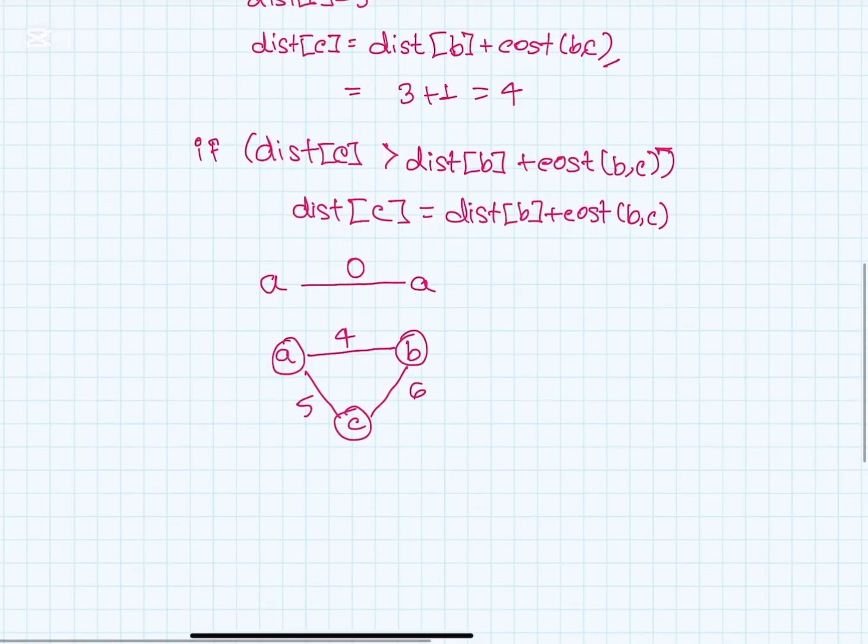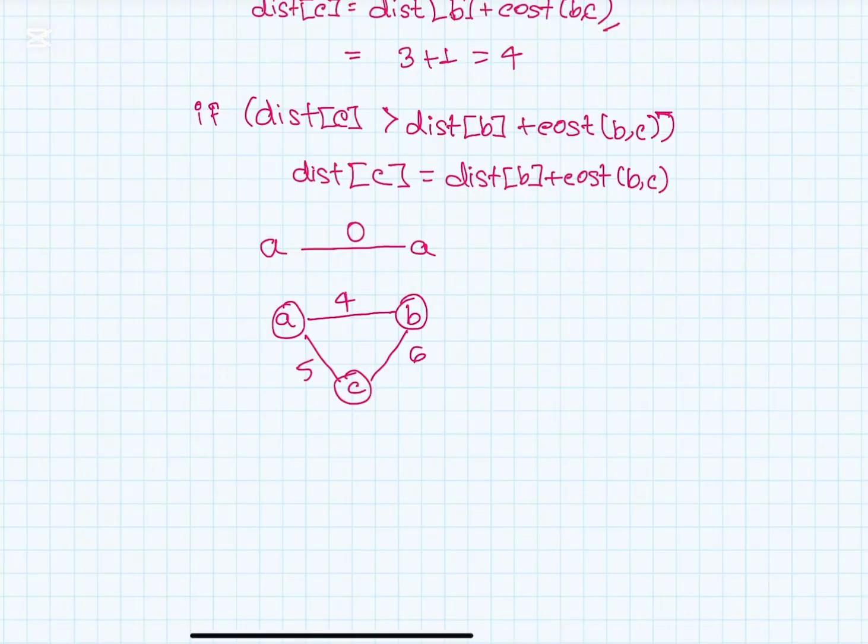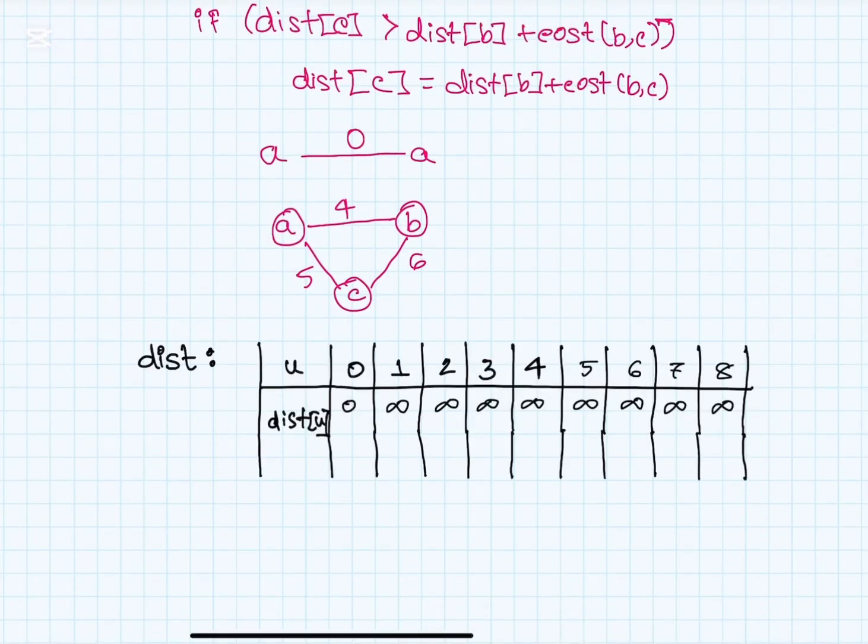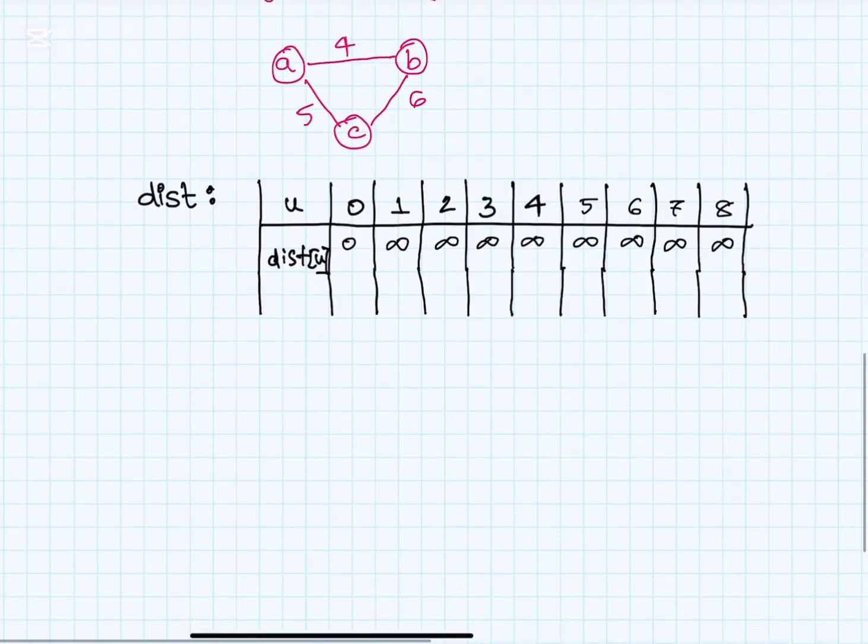To maintain the shortest distance, we are going to use an array named dist. So in the dist array, for source vertex, the distance will be 0, and for all other vertices, the distance will be infinity at first. Then we will later on update the distance as we progress. We'll also have a table named list of vertices.